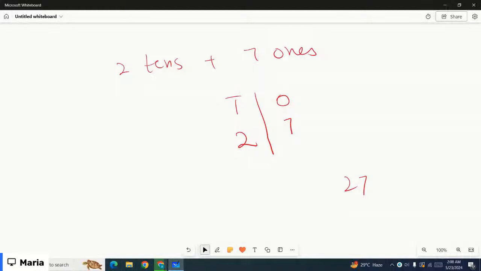The next one is four tens and 9 ones. Which number do they make?